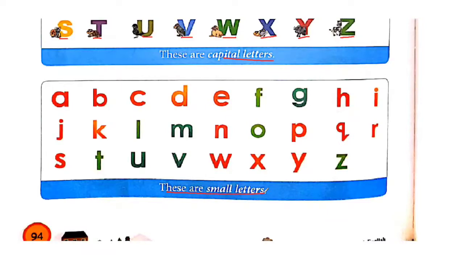Again, small a, small b, small c, d, e, f, g, h, i, j, k, l, m, n, o, p, q, r, s, t, u, v, w, x, y, and z.